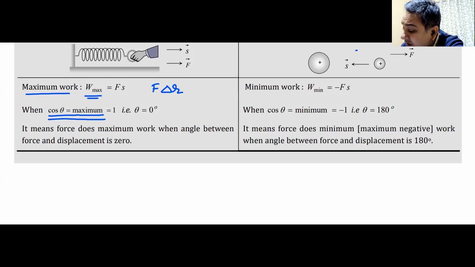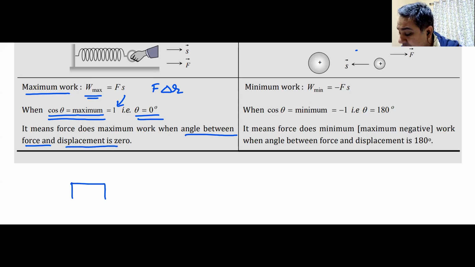And the maximum value of cos theta is 1, which happens at theta equal to 0 degree. That means if you want any force to do maximum work, the angle between force and displacement must be 0.